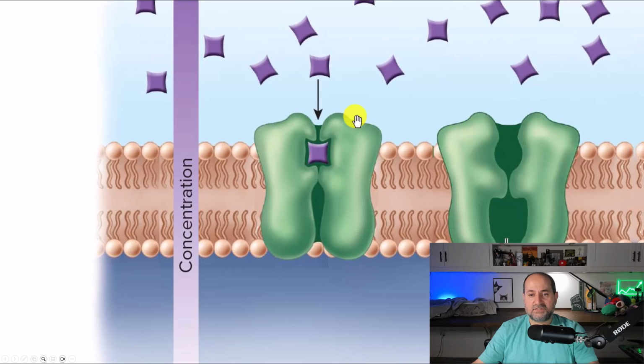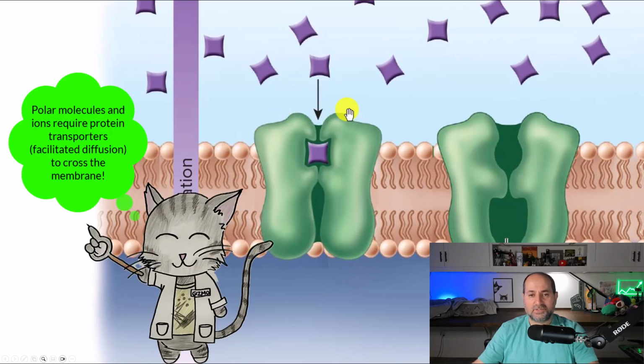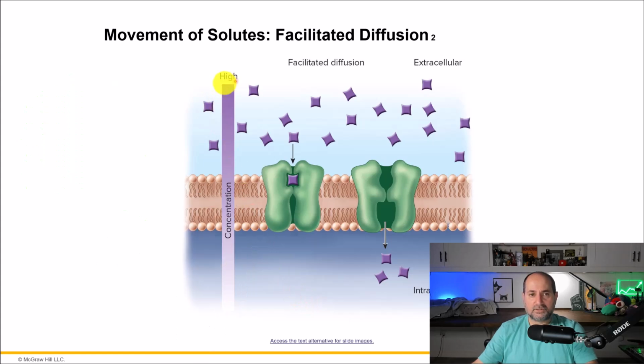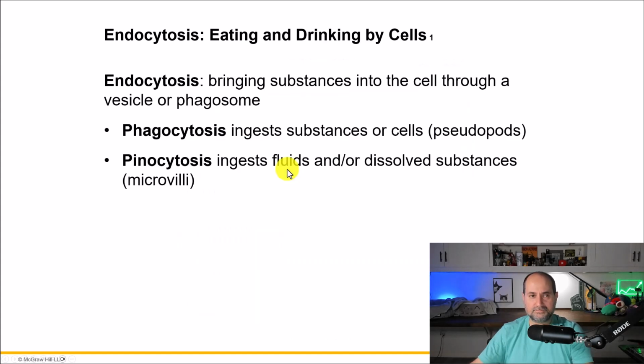Well, if you need a protein to diffuse across the membrane, that's called facilitated diffusion. Does that make sense? Facilitated diffusion requires a transporter for the substance to diffuse across the cell by passive transport. And if you have just regular simple diffusion, then you don't require a protein in order to cross the membrane during passive transport. And remember, with active transport, it requires energy in order to cross the membrane.